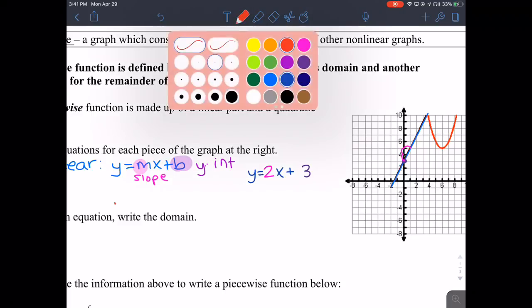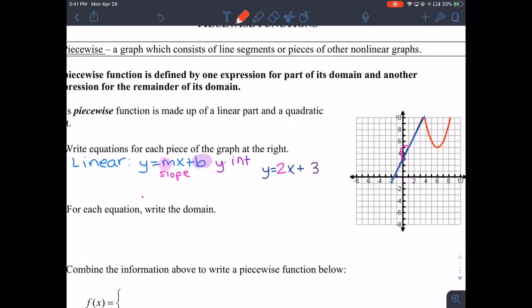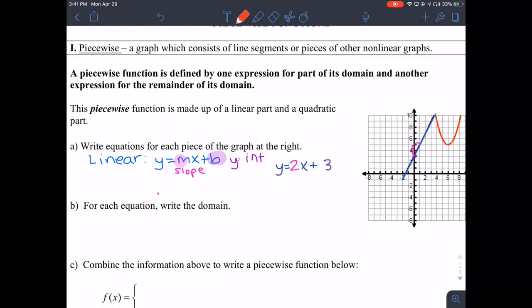Now we need to find the equation for the quadratic function. We're going to base this off of our parent function using transformations. So our parent function is y equals x squared. The transformations include a, which is your vertical stretch and shrink, or your reflection across the x-axis, y equals a times (x minus h) squared plus k.